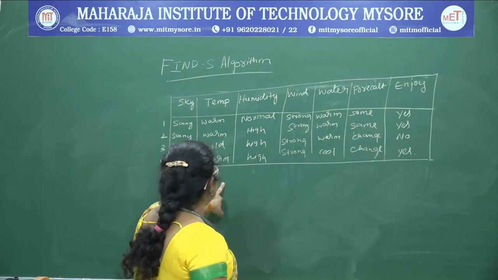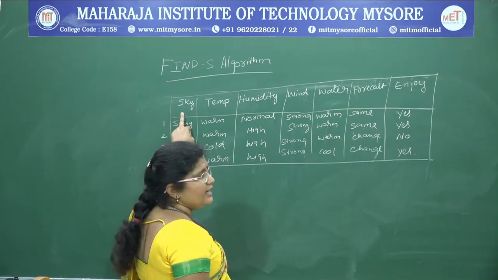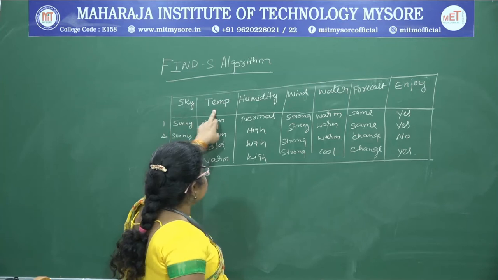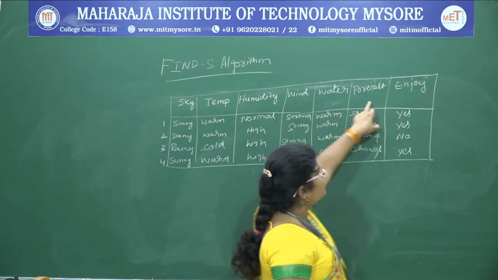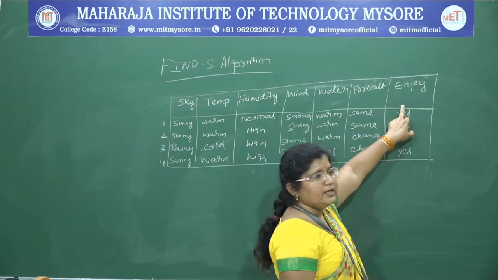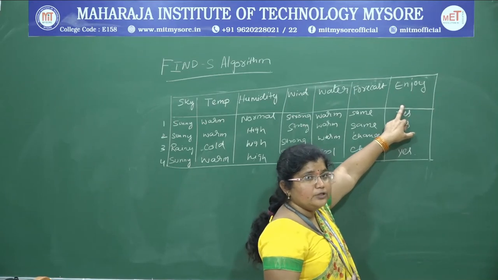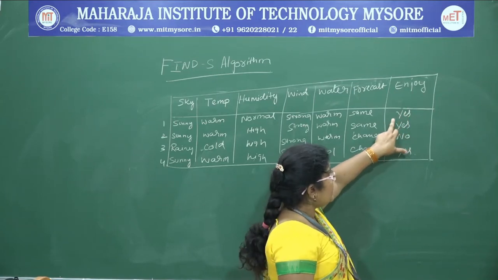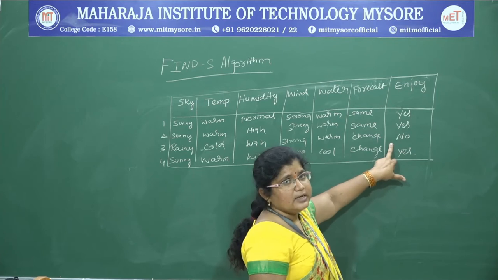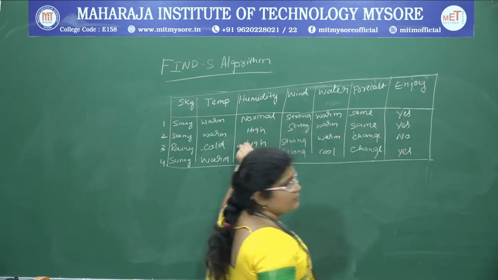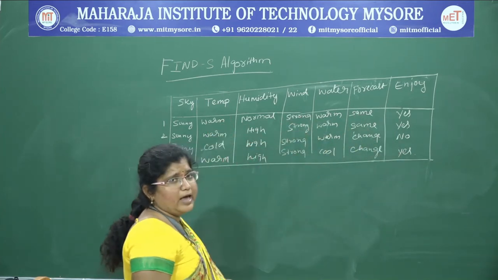This data set has sky, temperature, humidity, wind, water, and forecast, and enjoy is the class. We are going to classify yes or no based on these attributes and their attribute values.